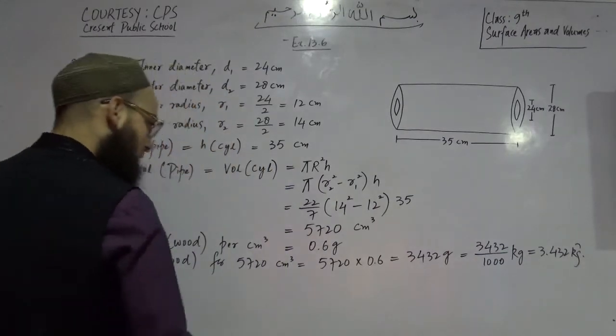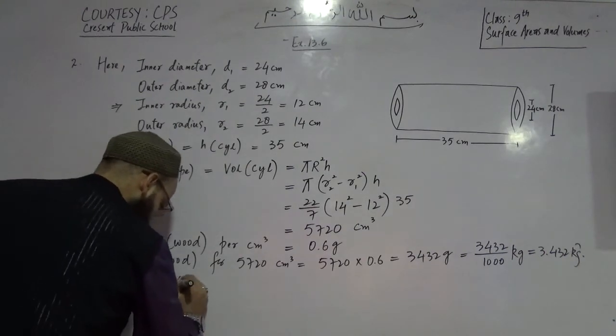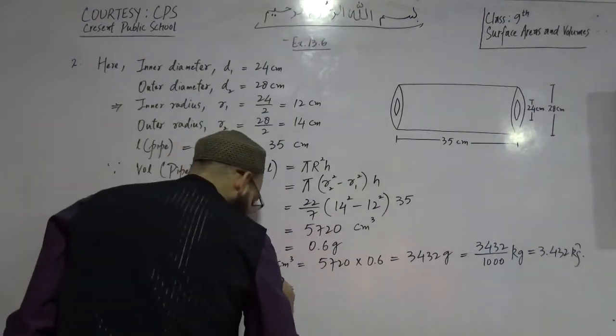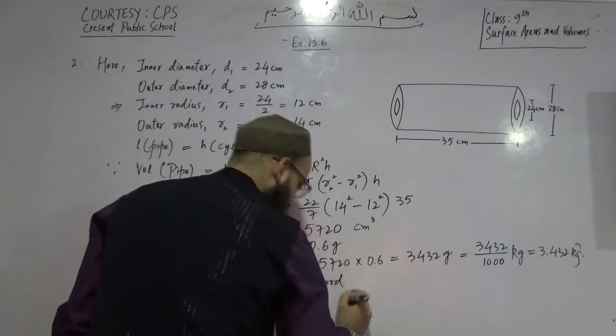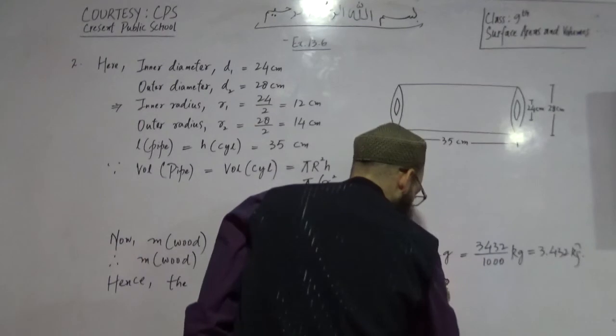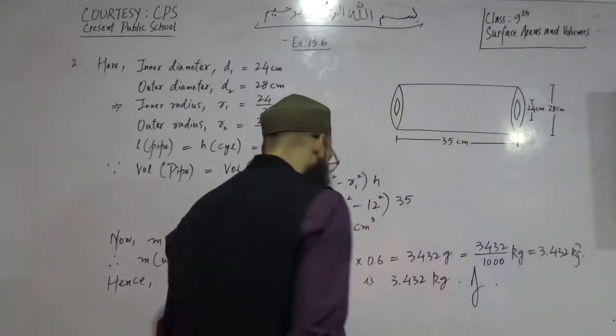Hence the required mass of wood is 3.432 kilograms. That's your answer.